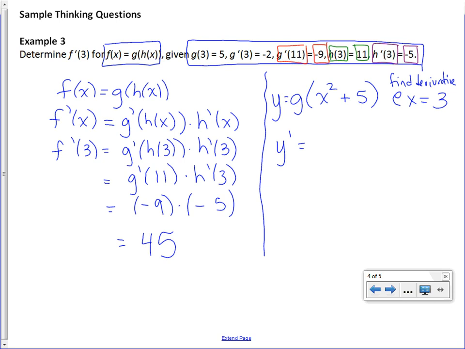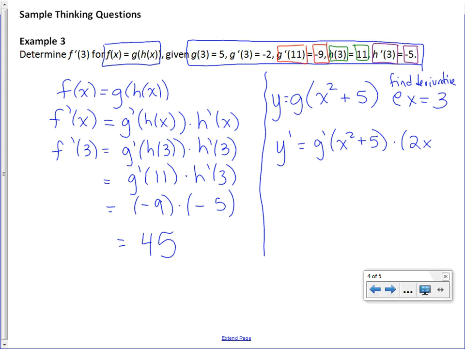What was the derivative of g at h at x? G prime at blah. Who cares what the blah is? You just copy it. So is the first step literally the same? It's just the blah that changed, right? G prime at x squared plus 5. But I'm not done. Times the derivative of the inside. What's the derivative of the inside?